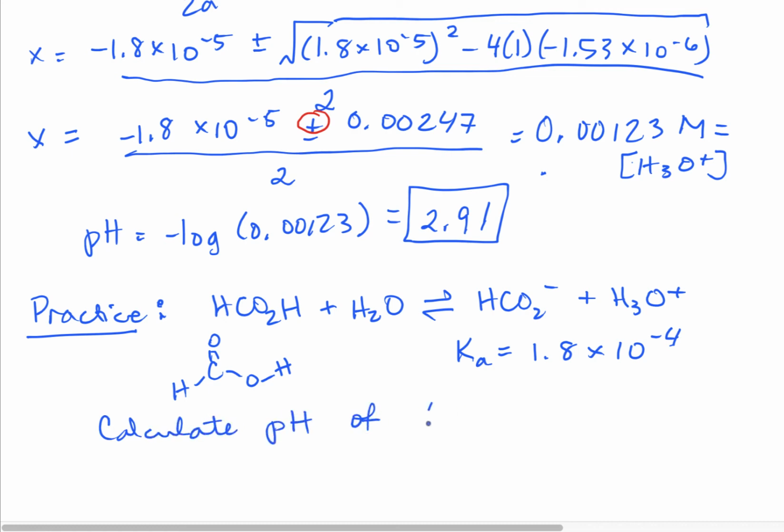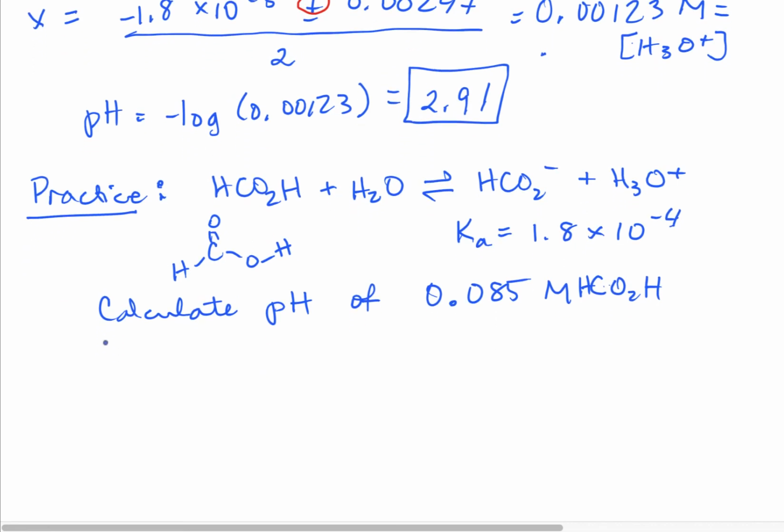And this time we'll stick with 0.085 molar, just because then we'll have two different weak acids and a strong acid, and you can compare the pH for all three of them. HCO2H. Okay, pause the video, go ahead and calculate the answer, and then unpause, and we'll share the answer together. And if you have any questions, you can let me know.